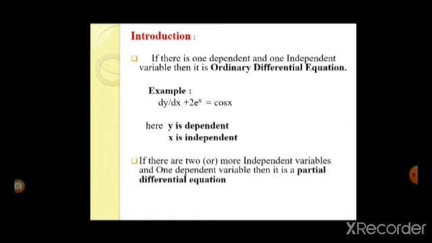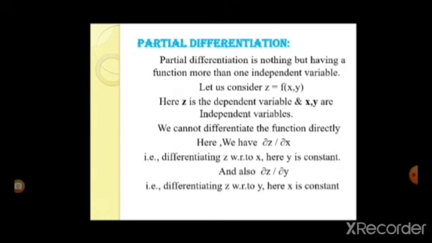If there are two or more independent variables and one dependent variable, then it is called a partial differential equation. What is partial differentiation? Partial differentiation is nothing but having a function with more than one independent variable.